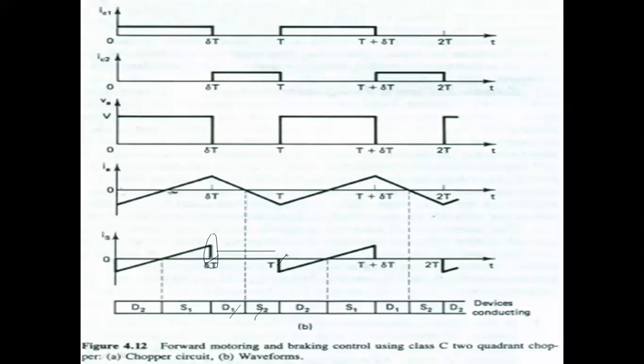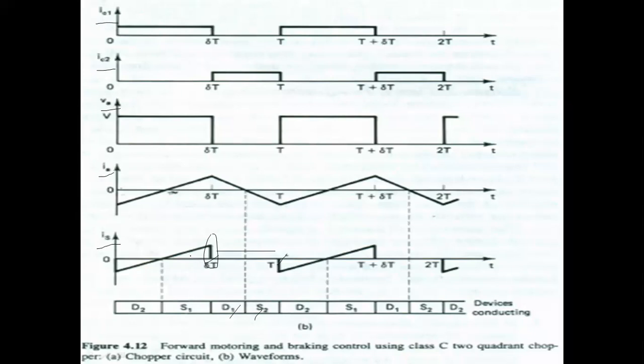Both the choppers are controlled simultaneously. In the waveforms, this is the signal given to S1, this is the signal given to S2, this is the armature voltage, this is the armature current, and this is the source current. In drawing the waveforms, delay is not shown, and the control signals are denoted by IC1 and IC2.